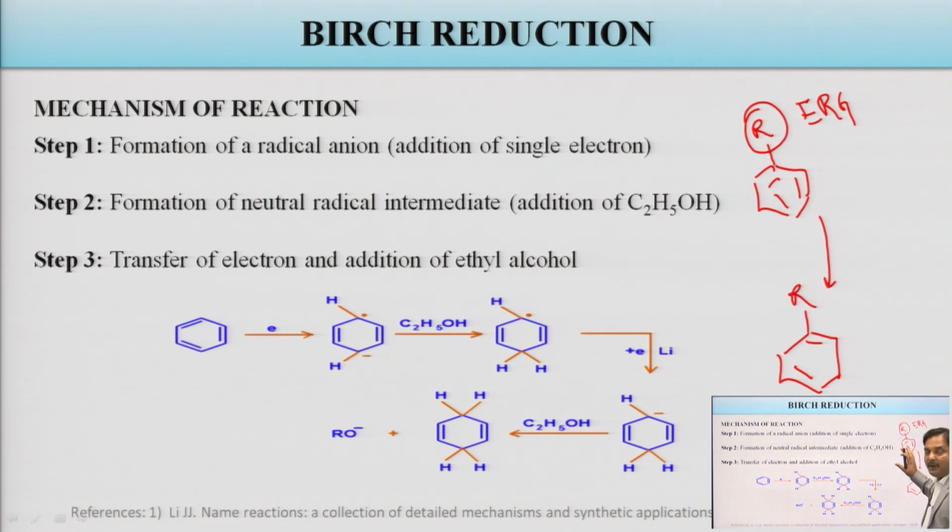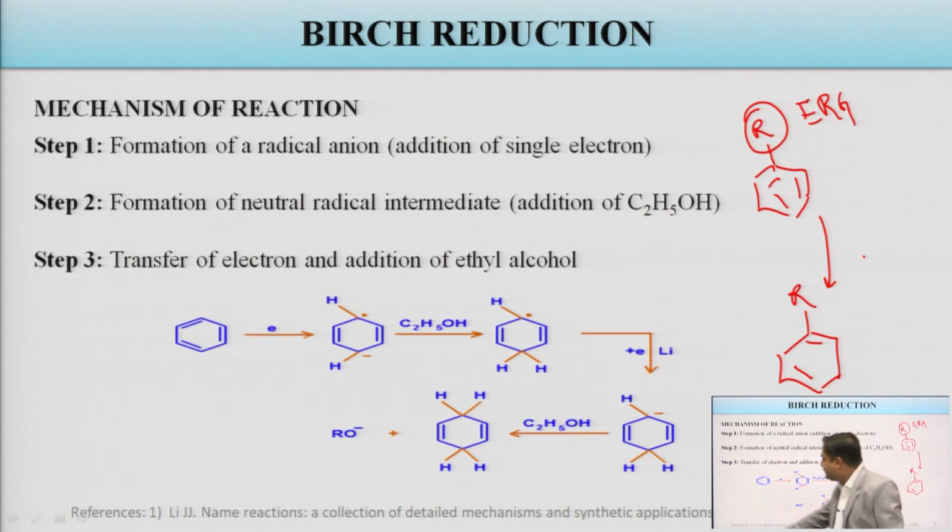So, the important point is, if this R, which is already present on the benzene ring, is an electron releasing group, meaning it will release electrons toward the benzene ring, then the double bond that will be reduced is this double bond and the product will be formed like this.